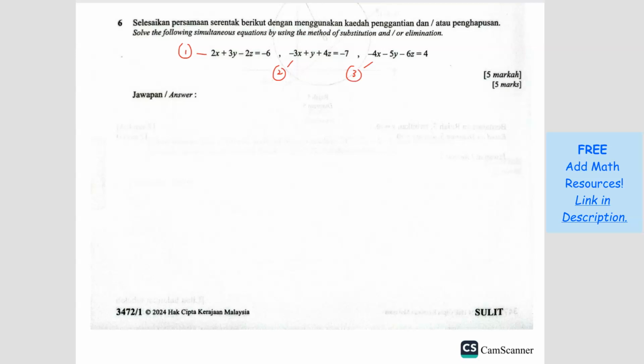I'm going to start with the first and second because this is -2z and positive 4z. I can make them the same by multiplying the first equation by 2. So when I times 2, this one becomes -4z and this one will be plus 4z.